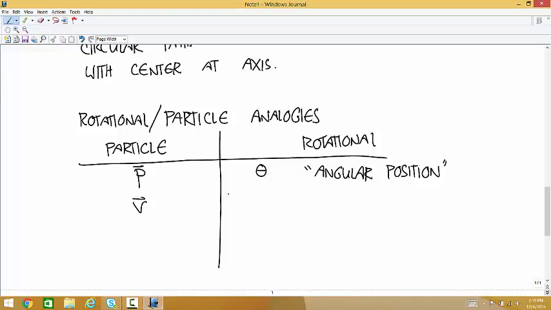And then after position, we defined the velocity vector. For rotational motion, the version of that is the Greek letter omega, and that's called the angular velocity. And then the third one for particle kinematics was acceleration. There's also an angular acceleration. We'll call it the Greek letter alpha.